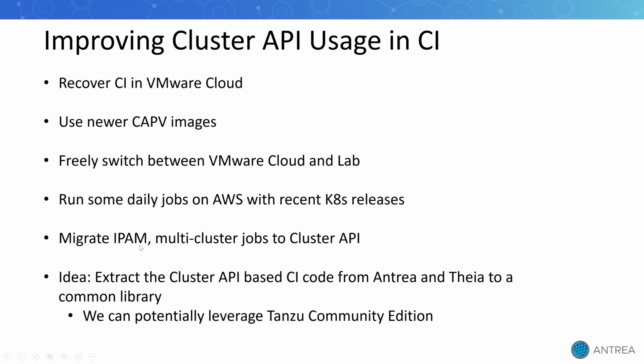I also noticed that some of our tests, for example IPAM, multi-cluster, IPv6, and some other jobs, require specific topologies from the underlay. I think the IPAM and multi-cluster jobs can probably be moved to use cluster API. For now, they are actually using pre-deployed Kubernetes clusters.